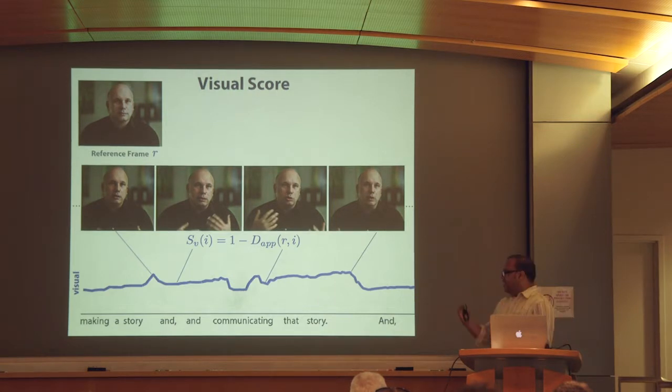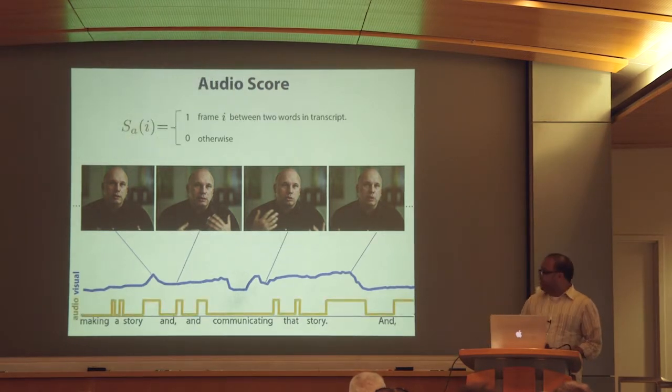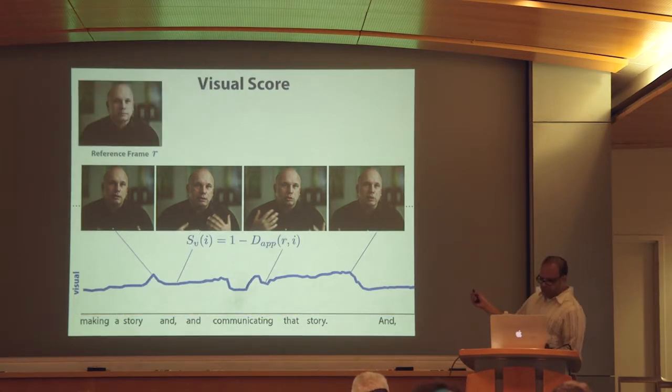So there often is this kind of frame in a known location, and we can easily get to it. We set the visual score here so that the score is high when the distance to the reference is low.